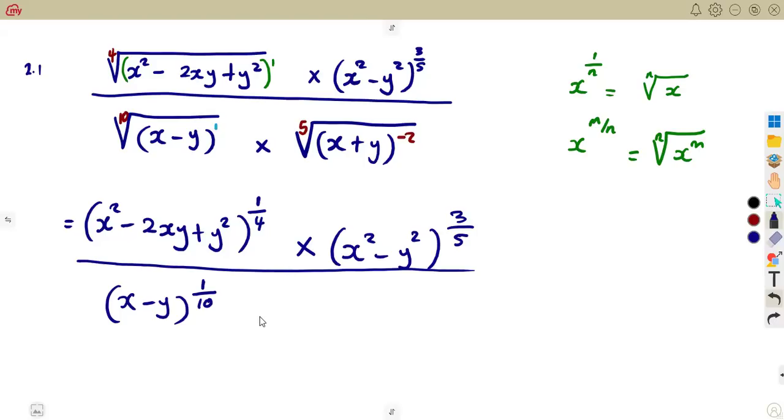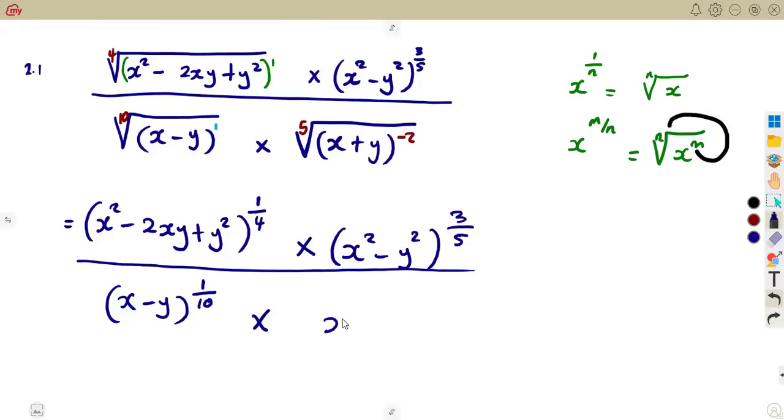That is our case. Times, this is the 5th root, but take note, it is raised to the exponent of minus 2. When we have an exponent here, m, it will be what? m over n. So m over n, minus 2 over 5.